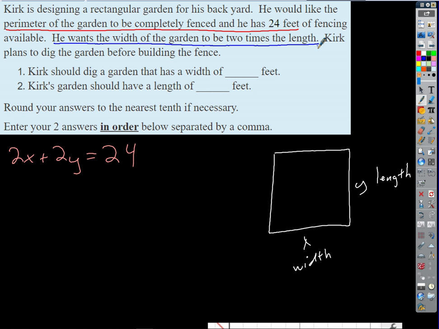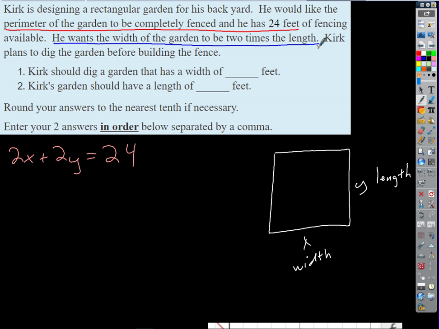Now let's restate that one. I think this helps sometimes when you're doing word problems, to take the English and kind of just dumb it down to where it doesn't have to be so grammatical, but we're still going to use words. Couldn't I summarize that by just saying width is twice length? You get that? Okay.